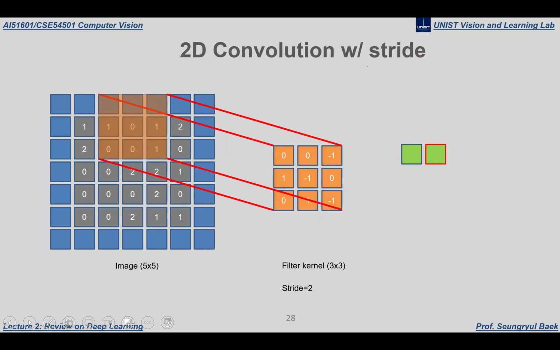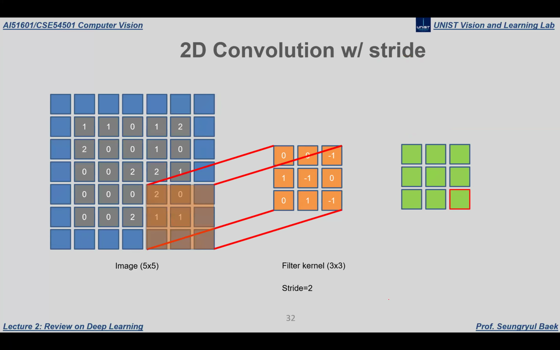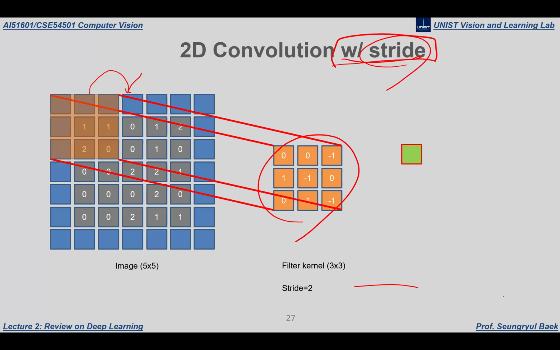Then if we increase the stride, again the number of convolution operations will be reduced. If we use a stride of 2, then the dimension of the output size will be halved. Are you guys understanding that, right? So this is another hyperparameter in convolutions. Stride and zero padding can control the output size.